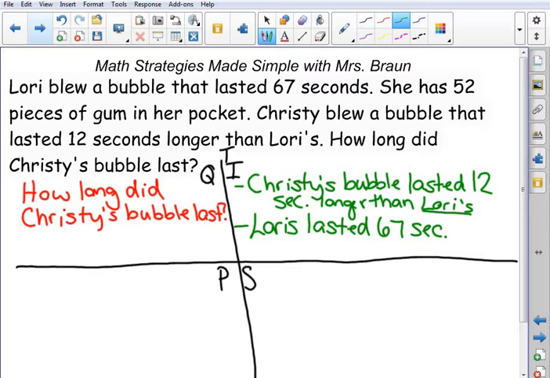So I'm going to come down here to the picture and I'm going to draw a representation of what happened in this problem. So I know that Christy's bubble lasted 12 seconds longer than Lori's, and that Lori's lasted 67 seconds. So here's Lori's. This is the time that hers lasted. She had it for a full 67 seconds.